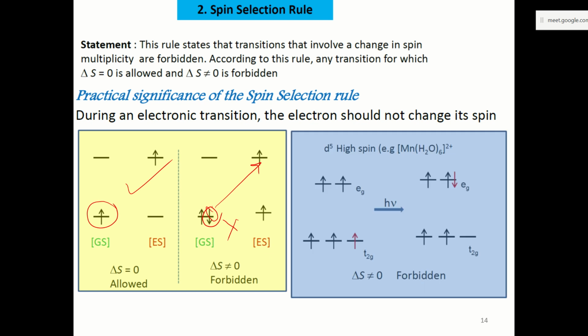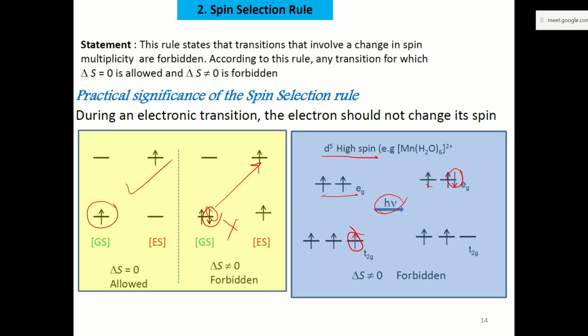So in the case of d5 high spin complexes, this is what you will encounter. If you try to excite this electron, energy is given and it must change its spin. If it goes to the EG level, it must change its spin, because all five are already having plus half spin.